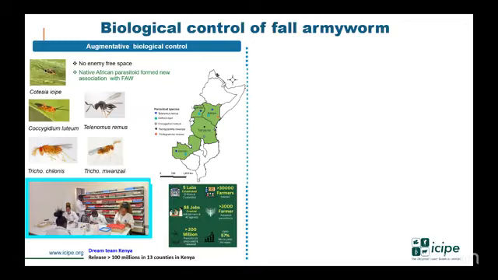We made releases in many countries in East and Southern Africa, with very promising results. But to make the impact more sustainable, we trained private sectors, in particular Dream Team Kenya, and they released millions. And the farmers can access the parasitoid from them at a very affordable price.